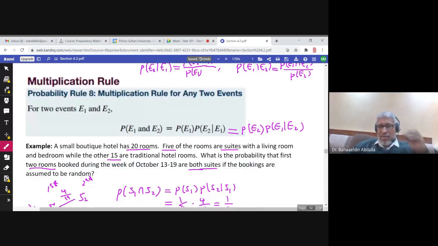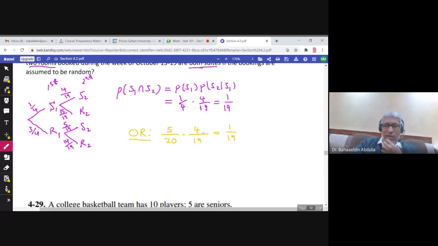If E2 and E1 are independent, what would happen? By the definition of independence, probability of E2 given E1 would be equal to probability of E2. So if E1 and E2 are independent, the probability of the intersection would be probability of E1 times probability of E2, because they are independent.